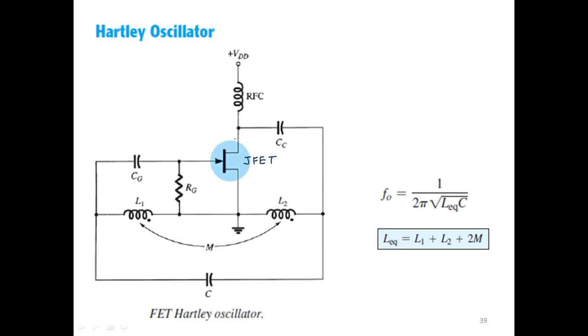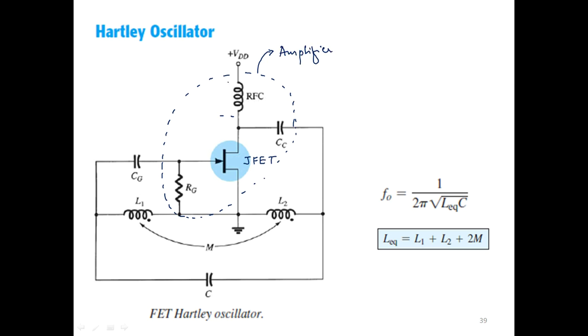Now if you just look at the biasing, it is more of a self bias kind of circuit, especially with respect to the amplifier. Just denote it, this particular section is your amplifier. Right, okay, so that's your amplifier.